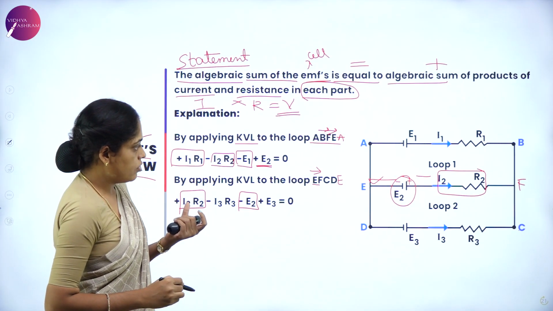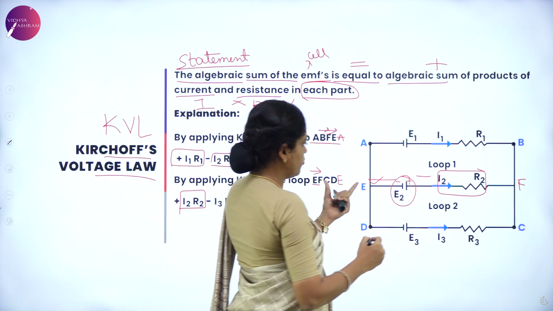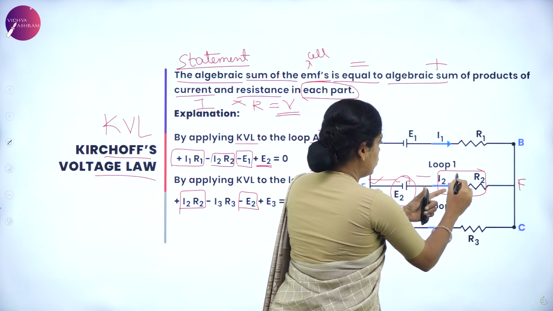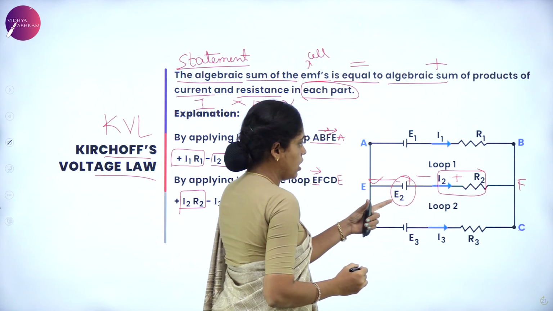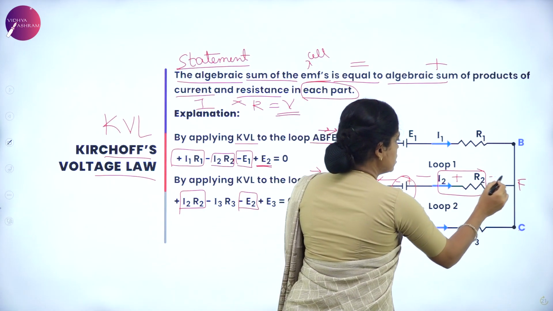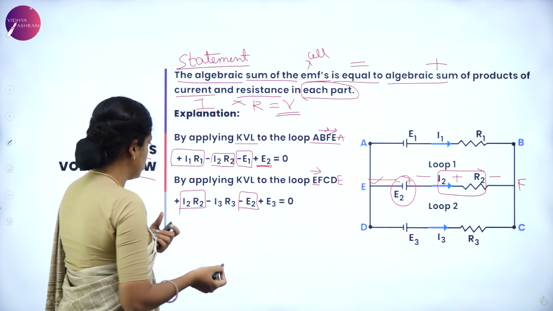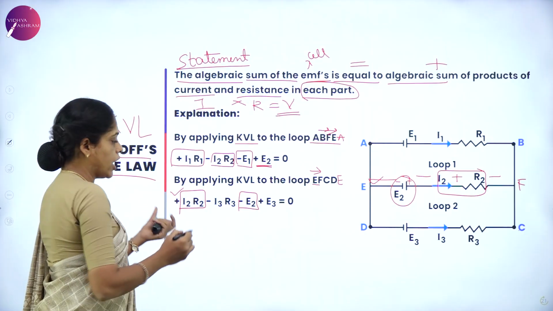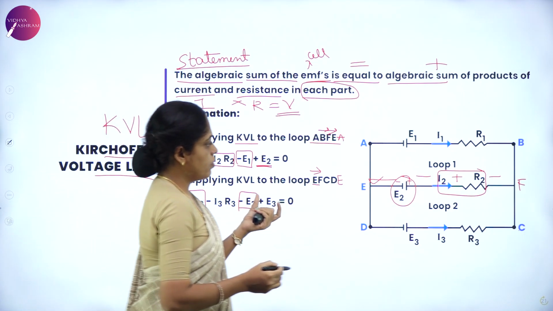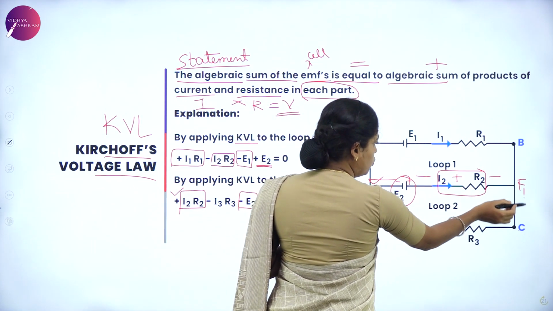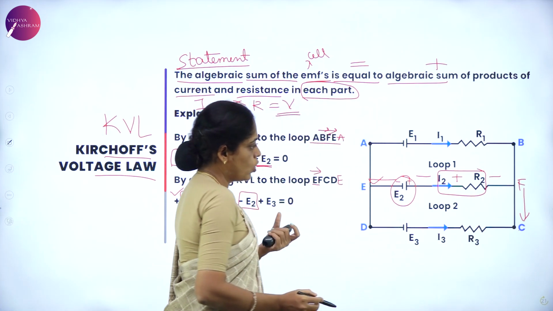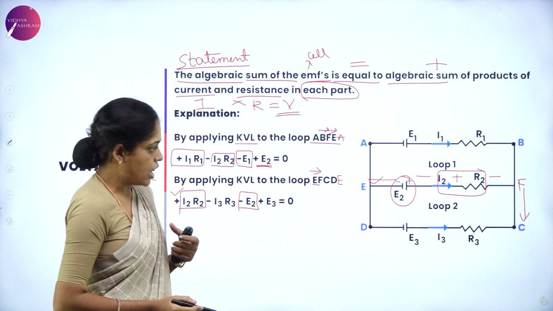And what is the sign convention? The current is flowing from E, so point E is the positive terminal and point F is the negative terminal. In these two, the first sign I reach is positive. Therefore, positive I2 R2. From F, let us continue to C where no electrical components are.